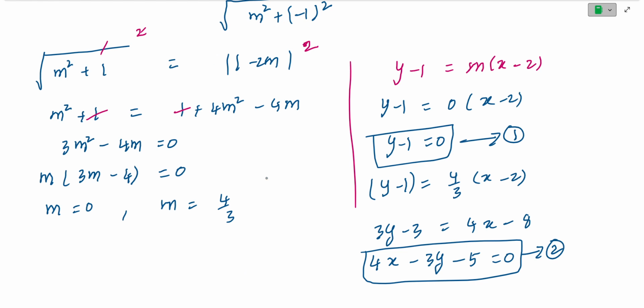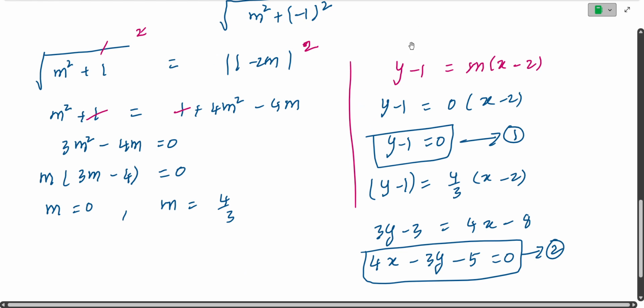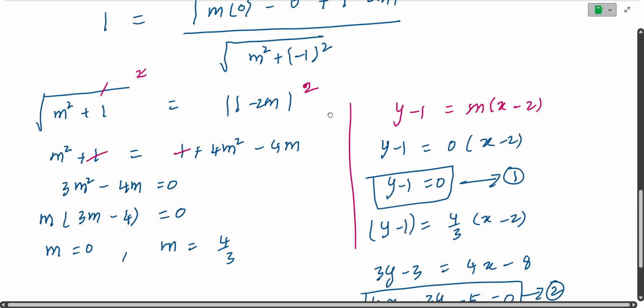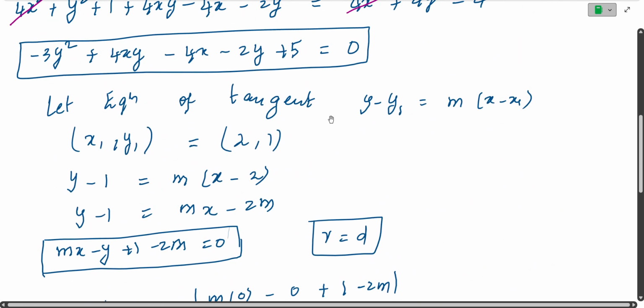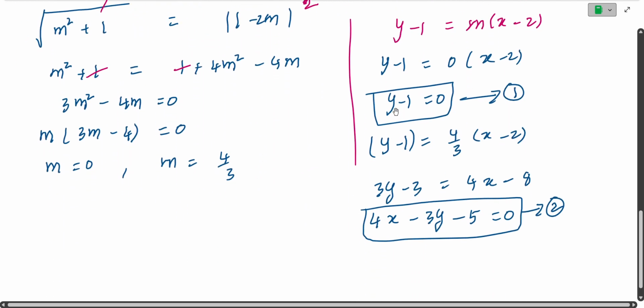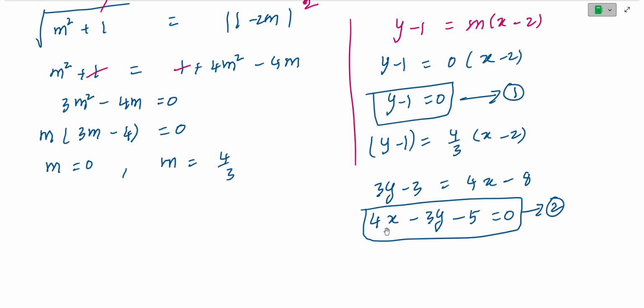So now if you observe, we got the two individual tangents. In the previous discussion, we got the pair of tangents equation. So now I'm going to multiply these two expressions, that is y minus 1 and 4x minus 3y minus 5. I'm going to check whether both the answers are same or not.